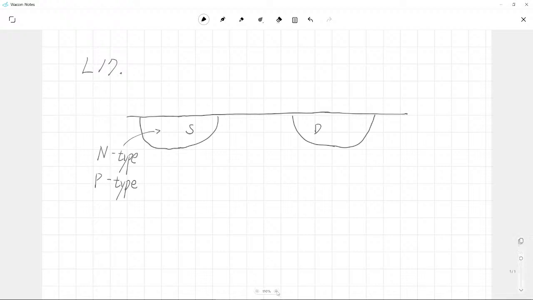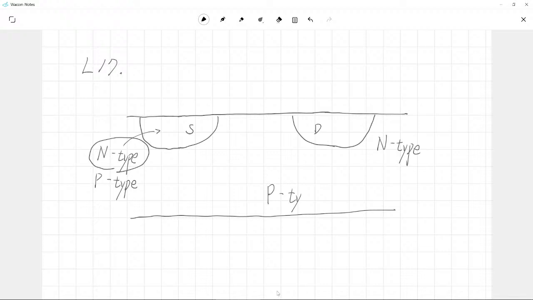So typically we use N-type doping for our source and drain region. Please note that the structure itself is built on our p-type substrate. So now we will introduce highly doped n-type regions into this p-type substrate.